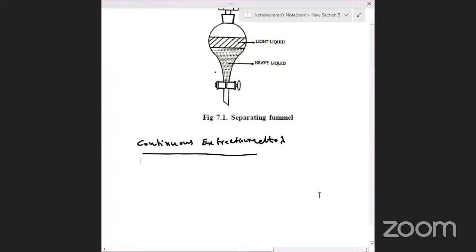The operators used in continuous liquid extractions are of two types, depending upon the density of the extracting solvent: if the density is lighter than water, and if the density is heavier than water.